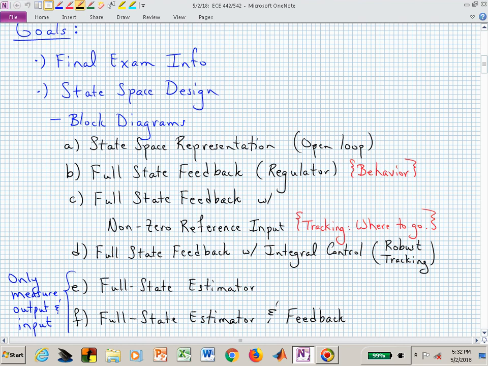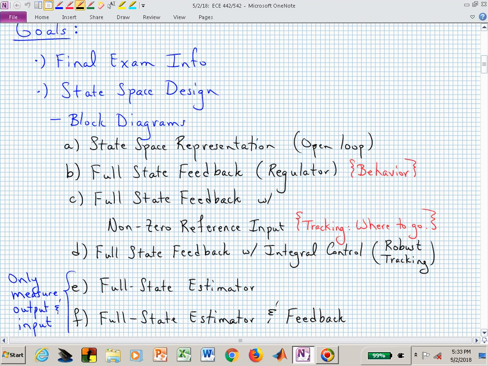Instead of me just writing down equations that go through these: open loop, full state feedback with a reference input, estimator, full state feedback with integral control, estimator with feedback.